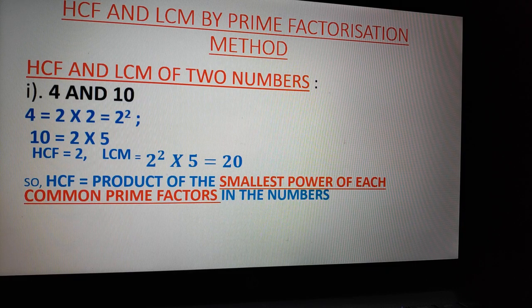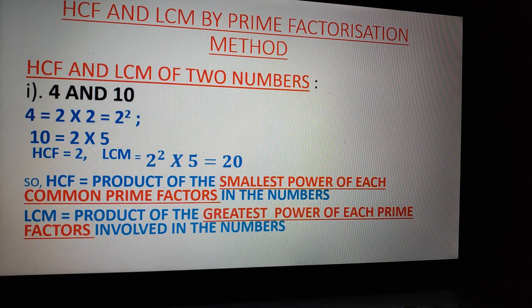So HCF is the product of the smallest power of each common prime factor in the numbers. Whatever the common prime factors are, we have to consider them in finding HCF. But for the LCM, it is not compulsory that we consider only common prime factors.